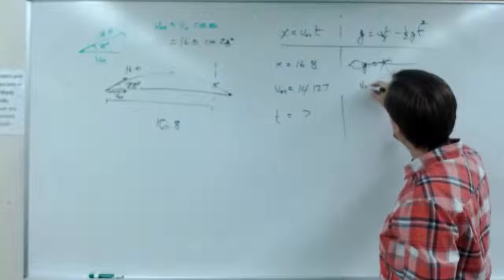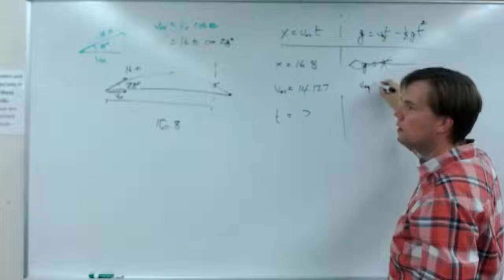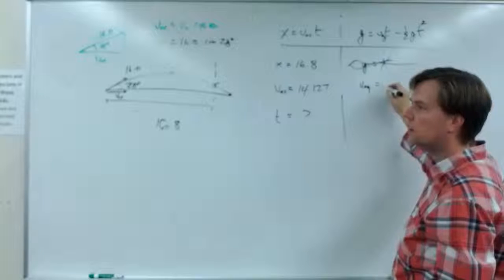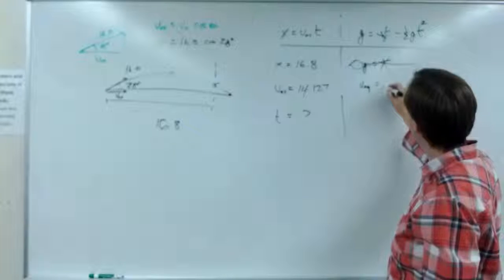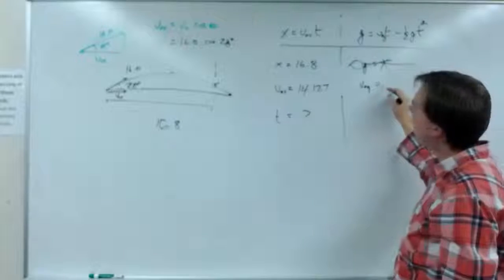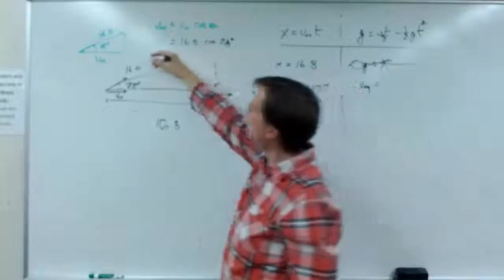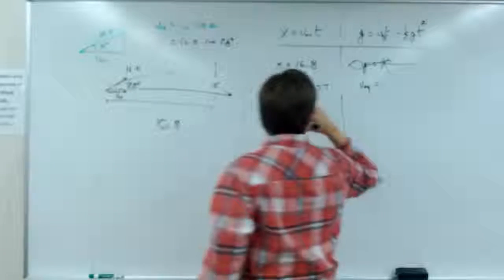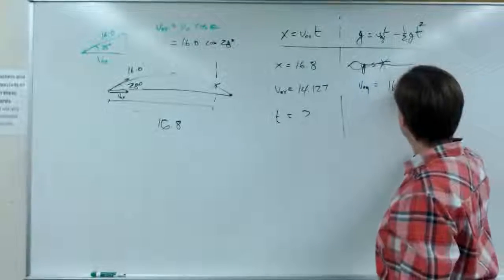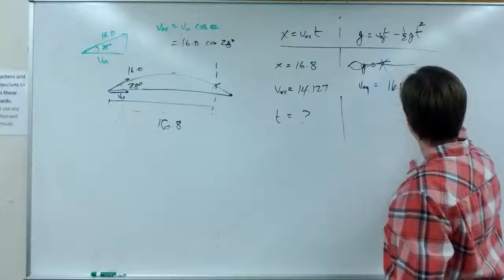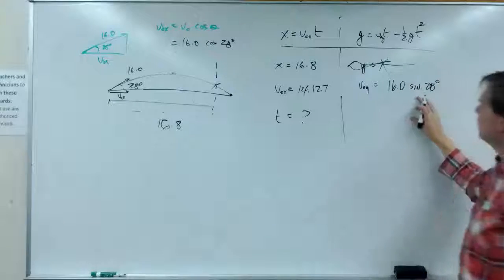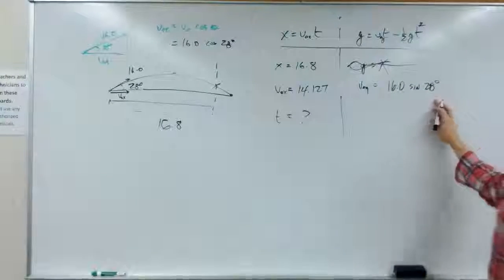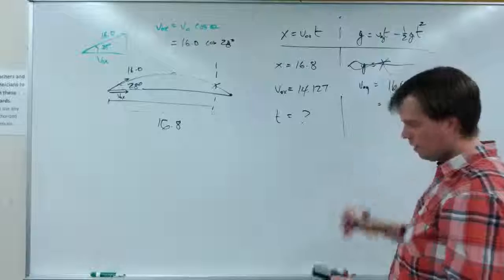What about the v0y? Well, actually, I do know. It's this piece of the triangle, the other piece of the triangle. So I could write this down. It's the sine, 16 times the sine. Let's calculate that.